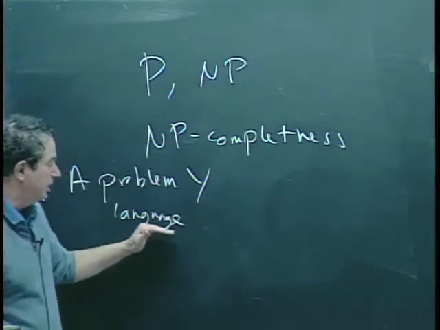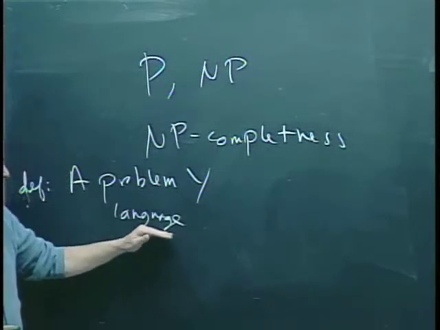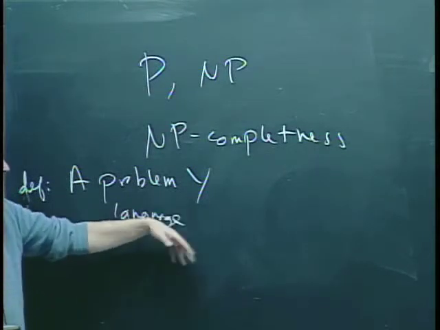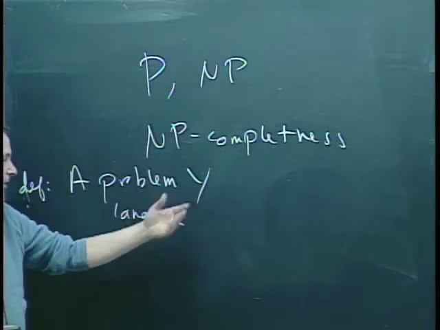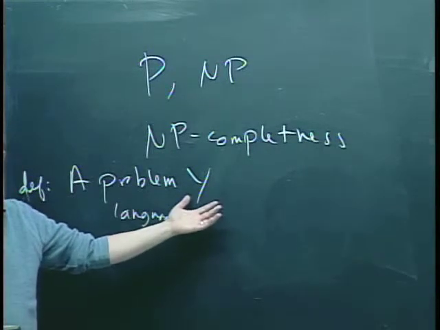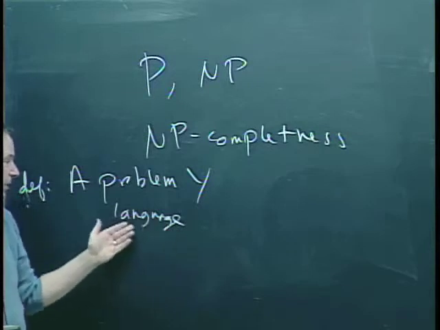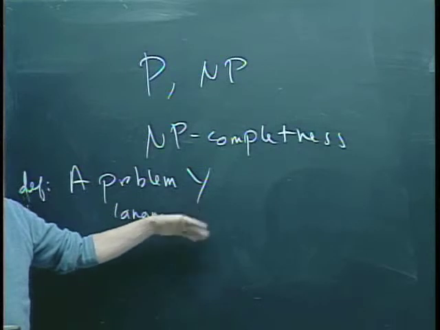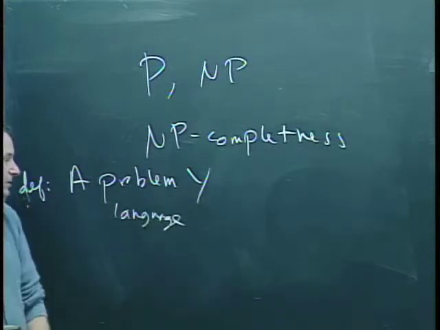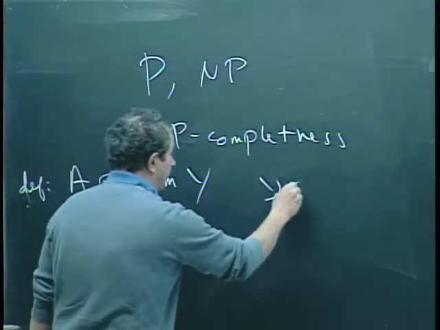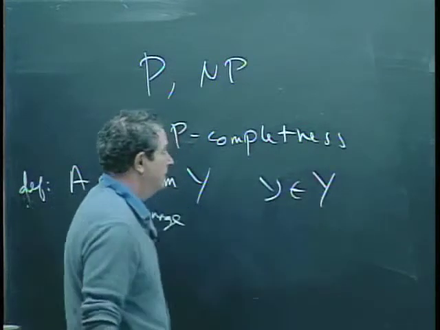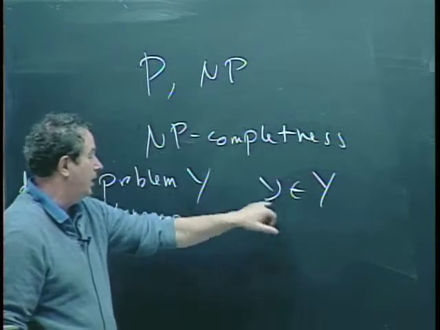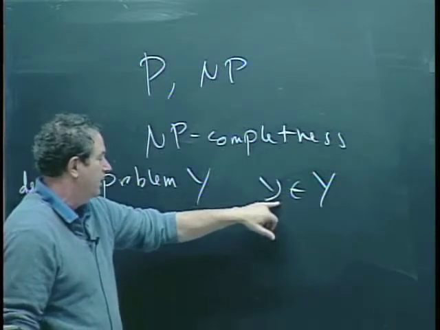And after class last time, I looked back at the book, and it's kind of funny that they do drift over into the whole notation that talks about problems as sets. But they never explicitly use the word language. They continue to talk about a problem, and yet they refer to it as a set. So they'll talk about whether little y is contained in capital Y, which means, as I defined last time, whether input little y to problem capital Y has a yes answer.